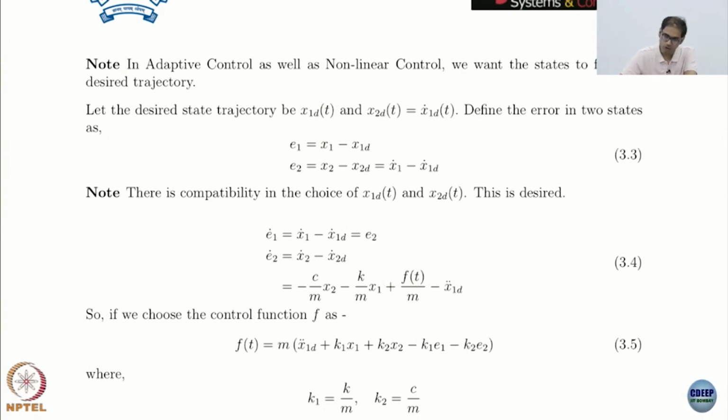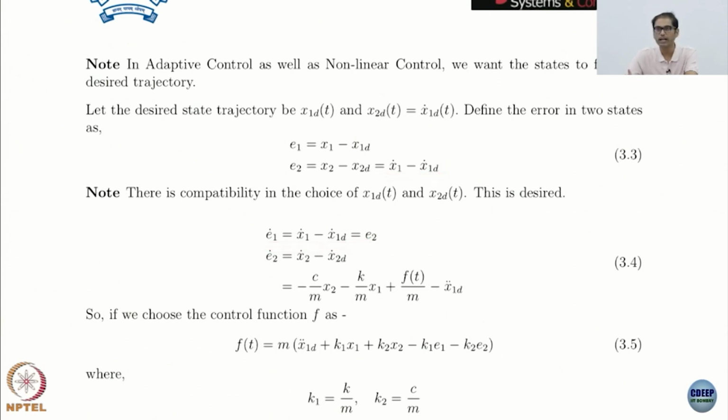Now I am going to write the dynamics of the error, because that's the system I will always work with now. So it will be E1 dot and E2 dot. E1 dot is x1 dot minus x1 desired dot, which is exactly E2.